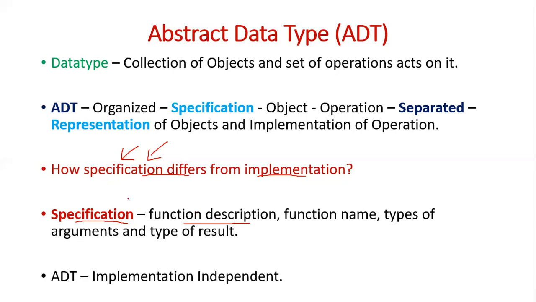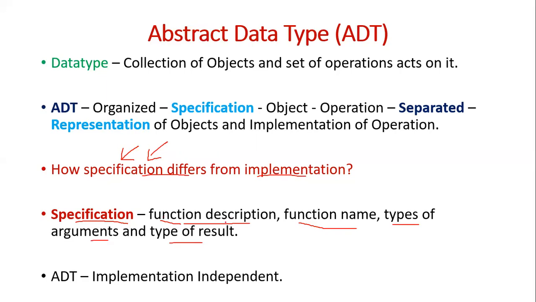And then what are the operations that can be performed on this particular data type. So for different operations, there may be different functions available. So the names of that particular function, and each function may take some arguments, okay, and it may return some result. Okay, so specification includes all these things.